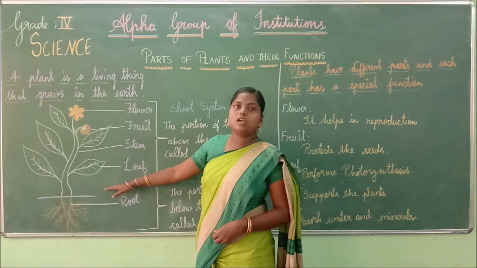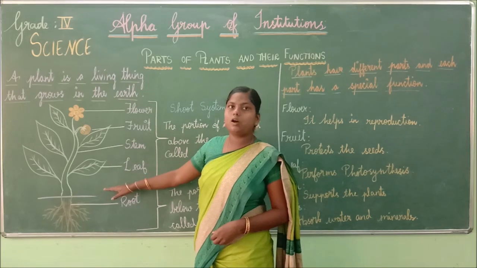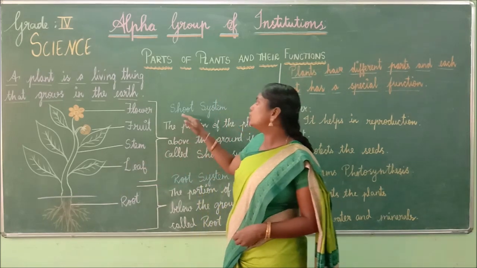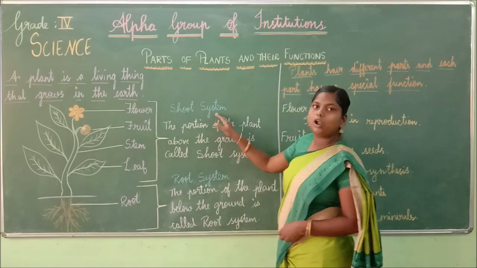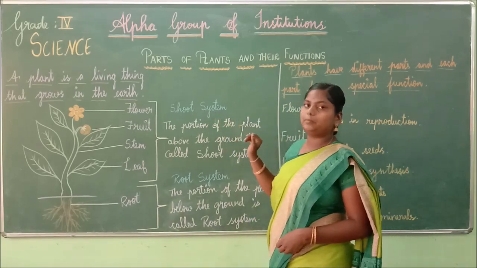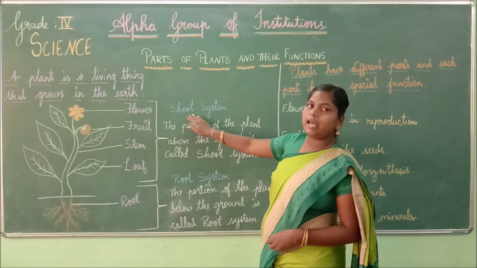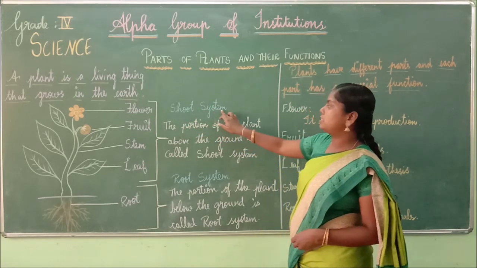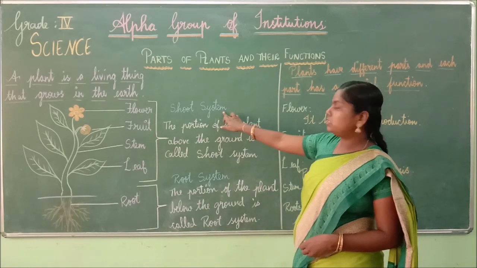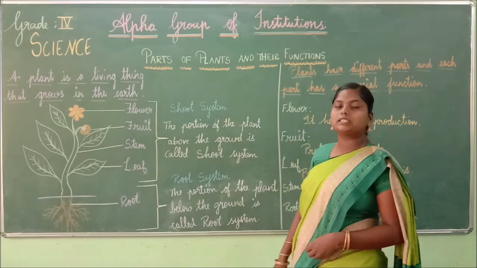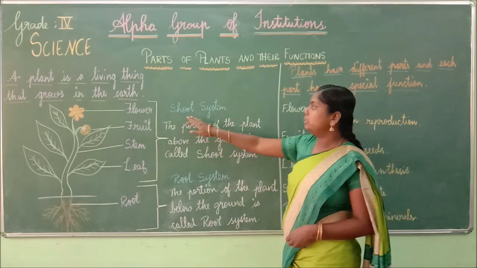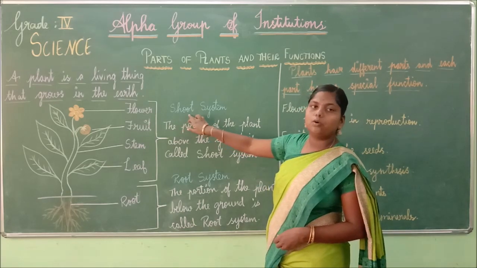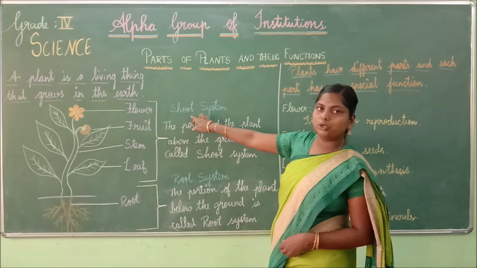The plant which you can see up on the earth is called shoot system. What is it called? Shoot system. Spell it out. S-H-O-O-T. Shoot system.